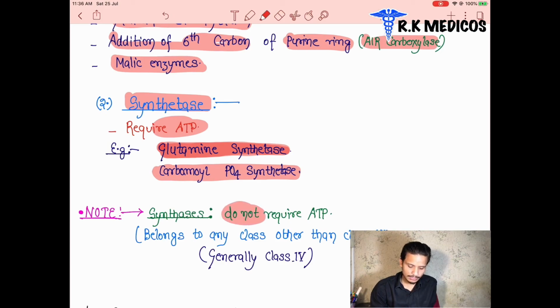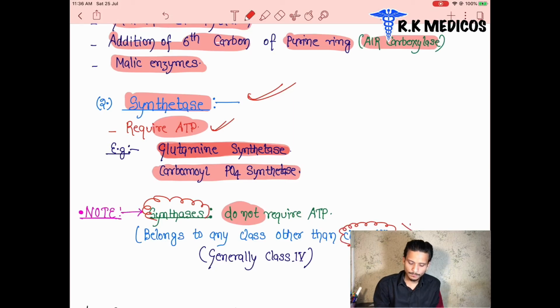Here we discuss synthetase. Synthetase means they require ATP, but synthase belongs to all the classes except 6.